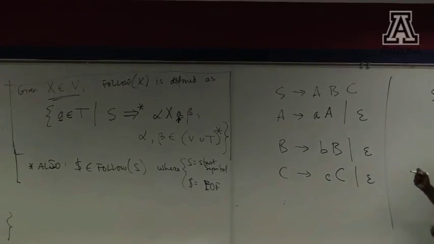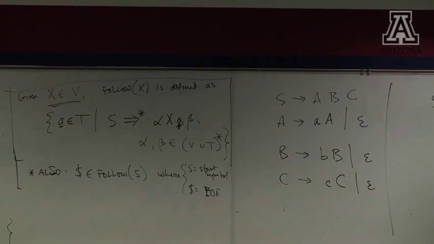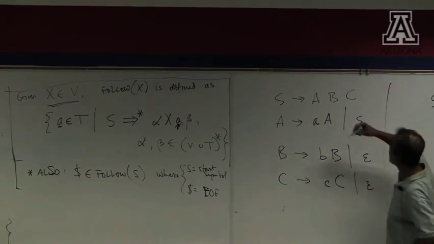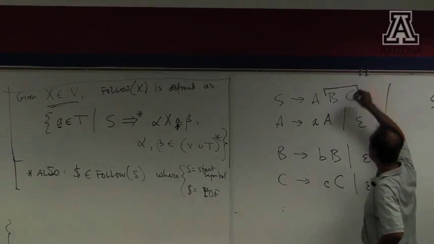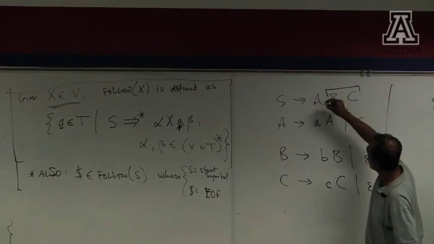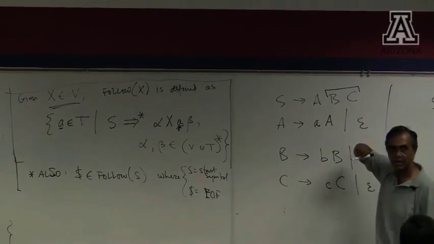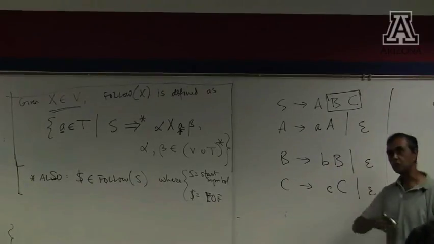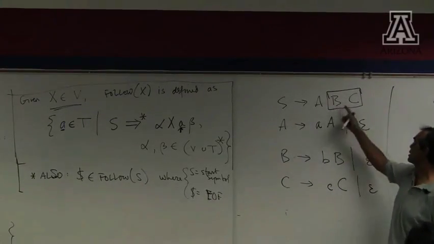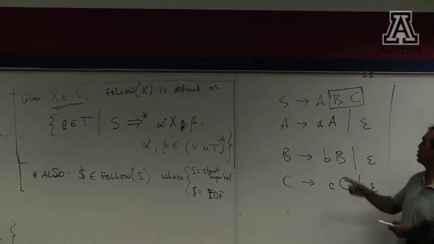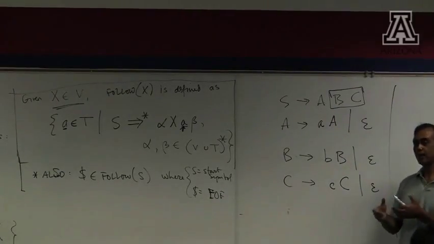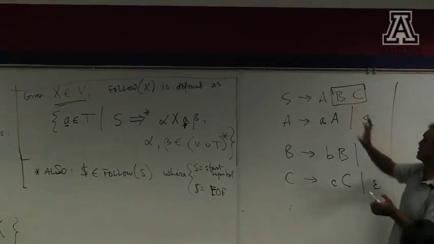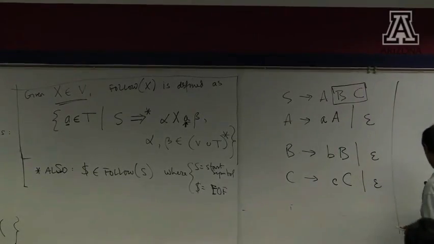That's necessary, but it's not sufficient. Okay? In general, what I have to do is I have to say, hey, look, here's a production. Here's my grammar symbol A that I'm interested in. Look at all the stuff to the right of it, in this case B C, and figure out what tokens could show up at the beginning of everything that these guys could derive.